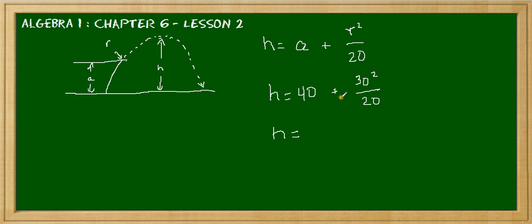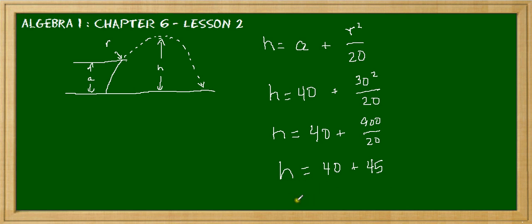Okay, now why did I do this first? Well, order of operations. I can't do anything until I get rid of these exponents. So I have 40 plus 900 divided by 20. Now, if you just kept that 900 on your calculator, you can go ahead and divide that by 20, and you're going to find out that 900 divided by 20 is 45.